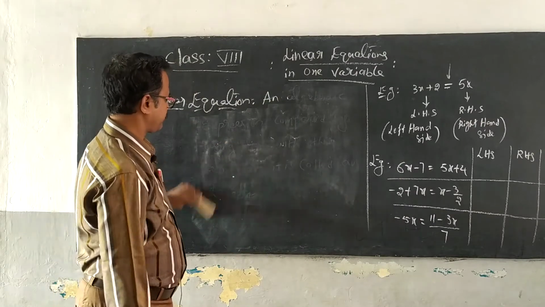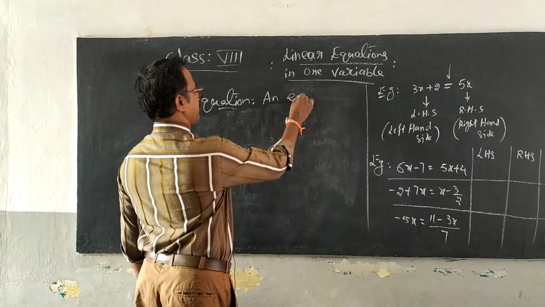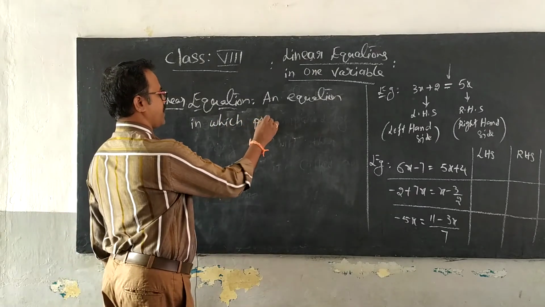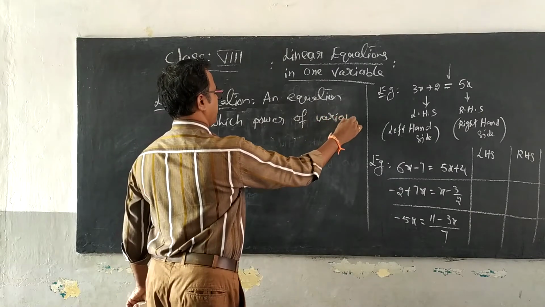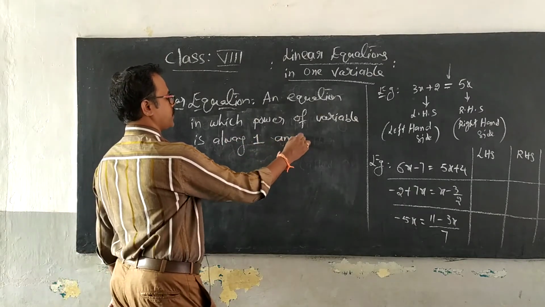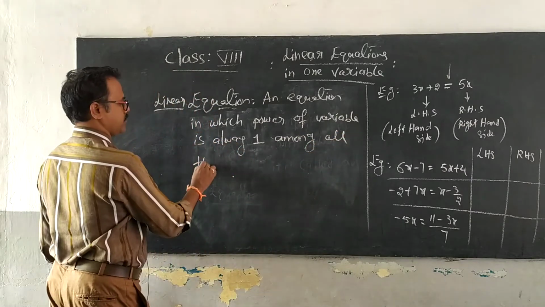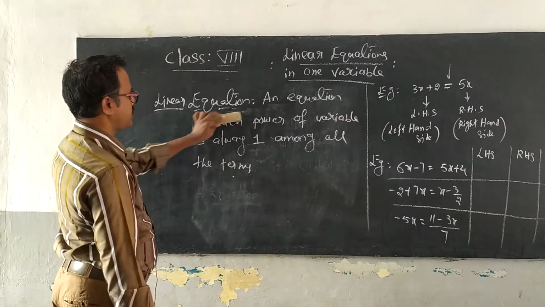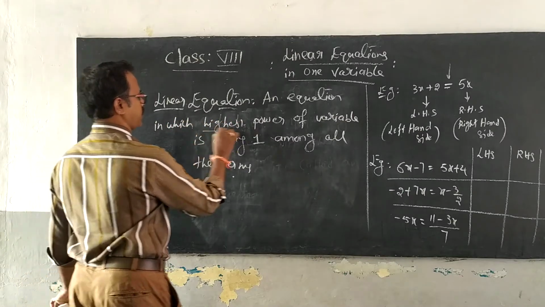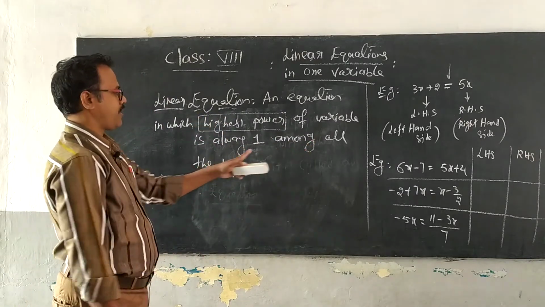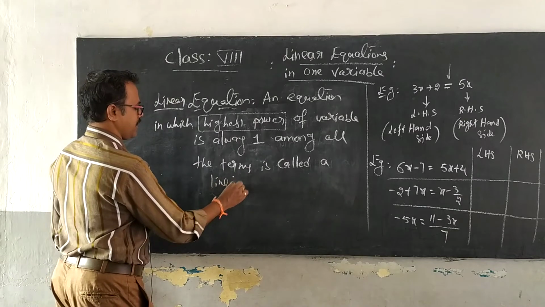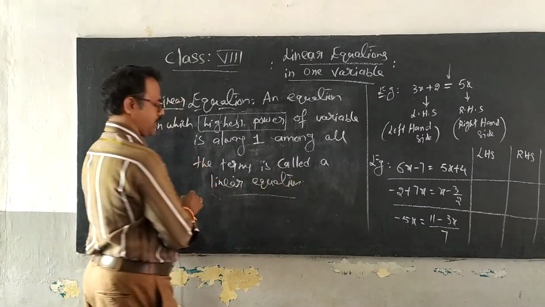An equation in which the highest power of the variable is always 1 among all the terms is called a linear equation. Very good, this is the most important.